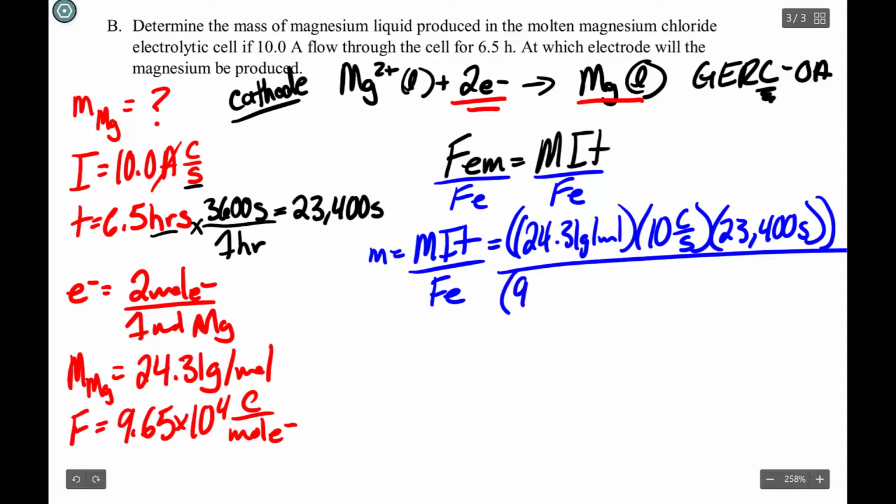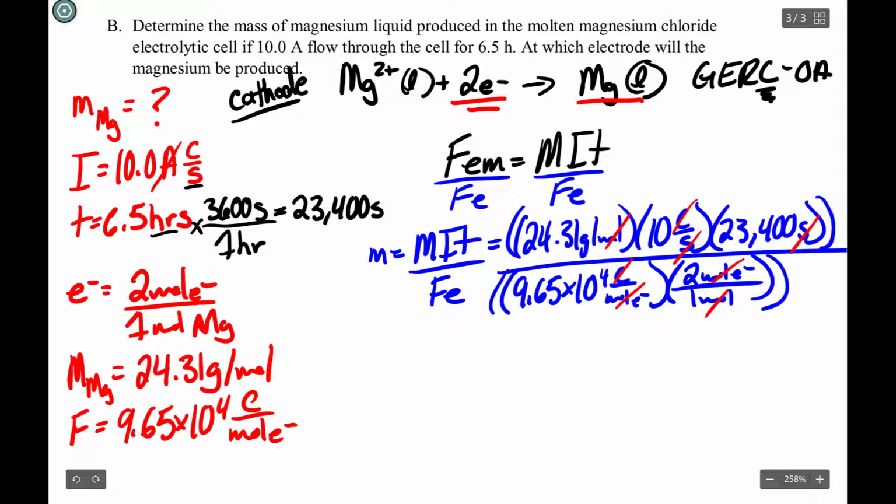On the bottom, Faraday's constant, 9.65 times 10 to the 4 coulombs per mole of electrons, and the mole ratio, 2 moles of electrons for every 1 mole of magnesium. Double bracket that as well, and I can see the units cancel. Moles of electrons cancels with moles of electrons, coulombs cancels with coulombs, moles of magnesium cancels with moles of magnesium, seconds cancels with seconds, and I got grams on top.